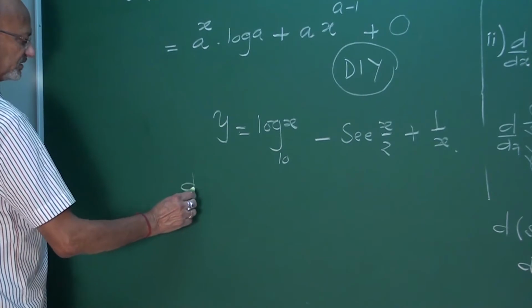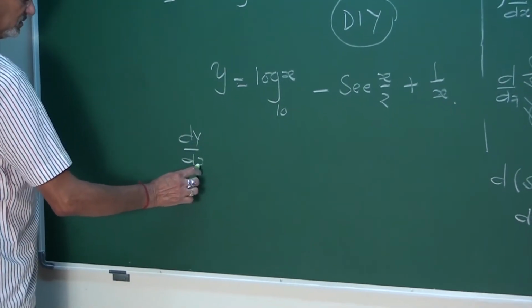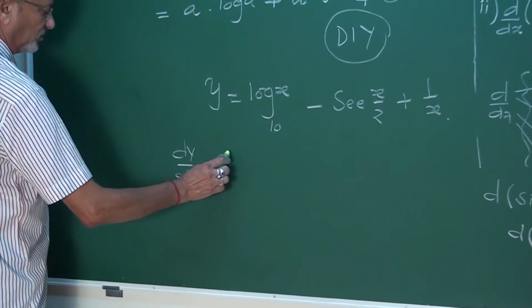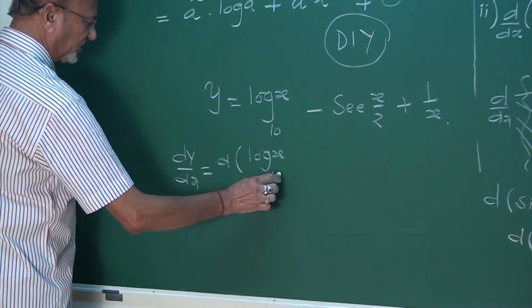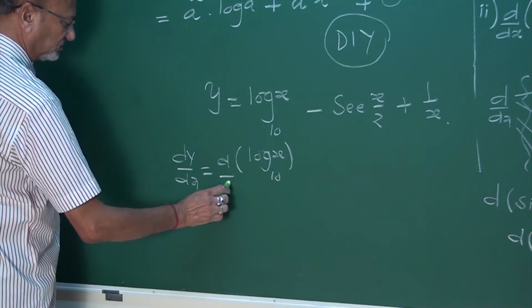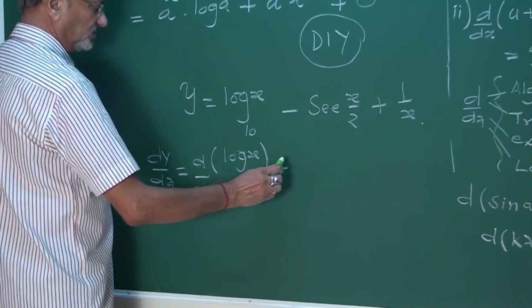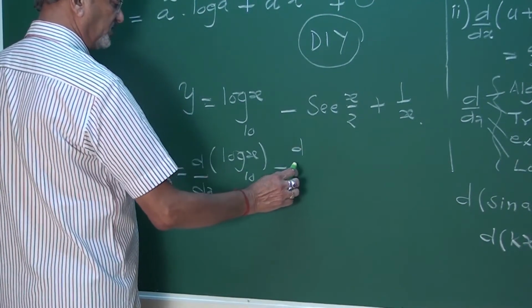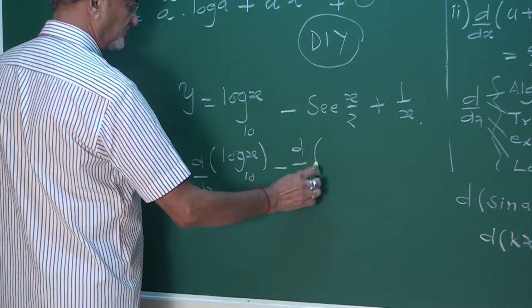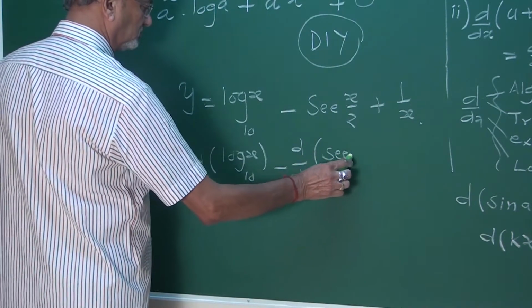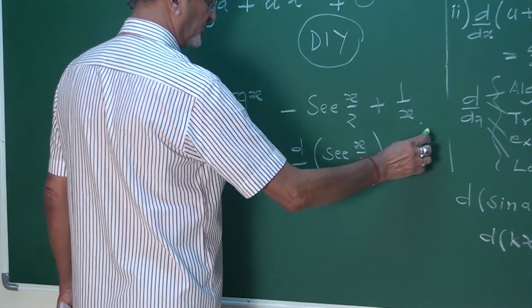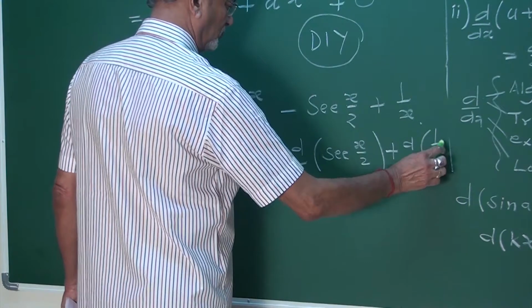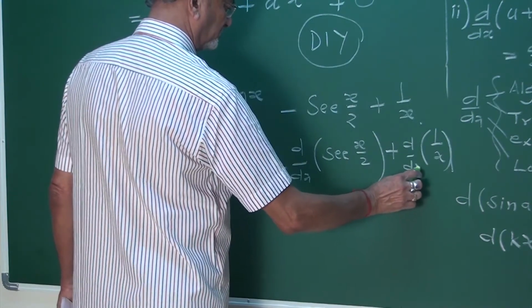Dy by dx is what? Derivative of log x to the base 10 with respect to x, minus what is this? D by dx of sec x by 2, plus derivative of 1 by x, 1 by x with respect to x.